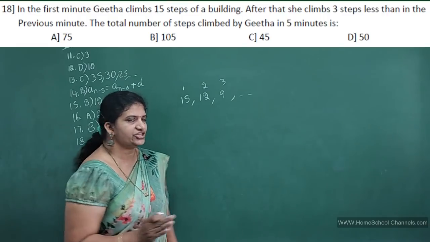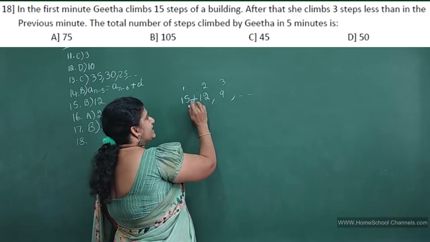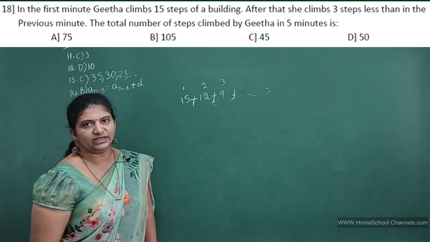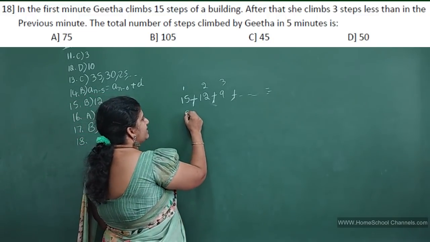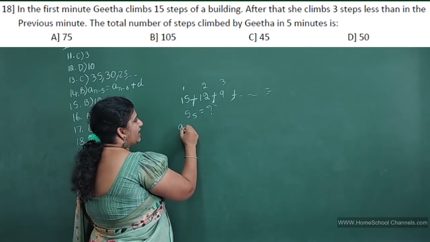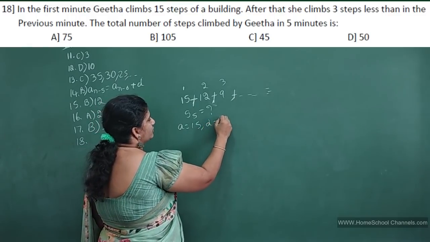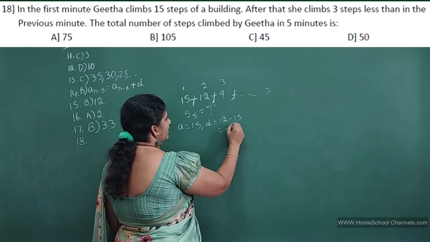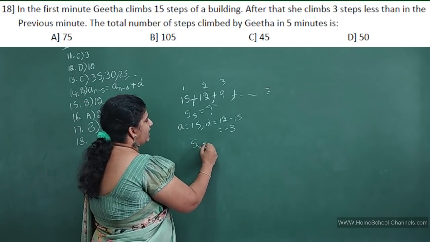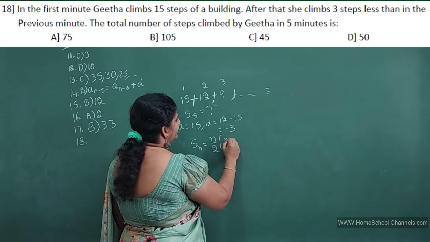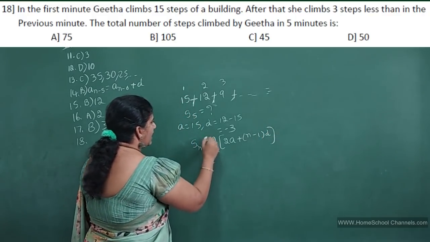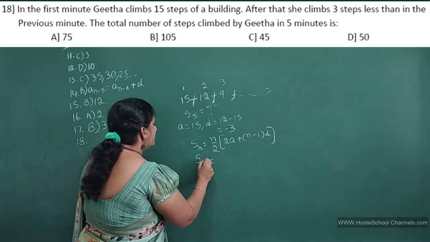Total, understand the question. Total means sequence becomes series. Sum of 5 terms, S5 is equal to question mark. We know A value is 15 and D value, 12 minus 15, will be minus 3. D value is minus 3. Sn formula: Sn is equal to n by 2 into 2a plus n minus 1 into D. And you know n value, that is 5.